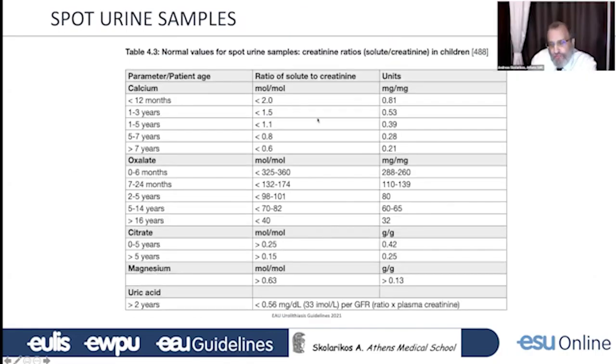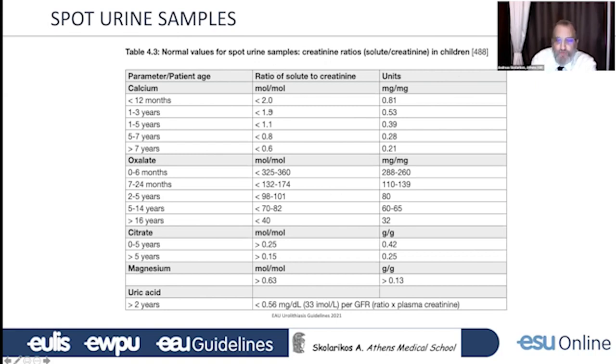It is very, very difficult to perform 24-hour urine collection in children. So initially, we rely on the solute-to-creatinine ratio, the crystal-to-creatinine ratio, I would say, in children. These are the normal results from a spot urine sample.